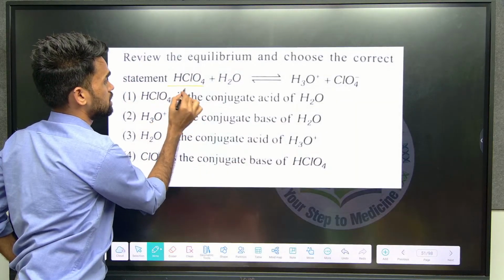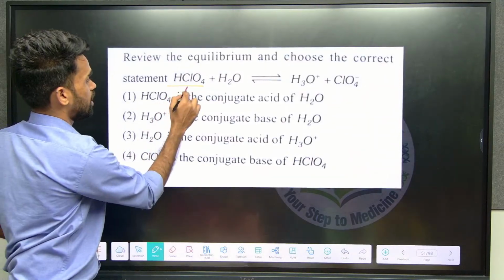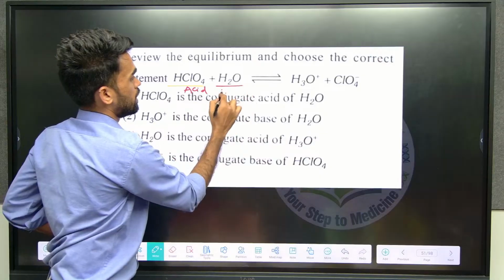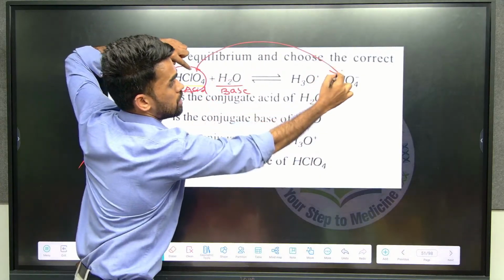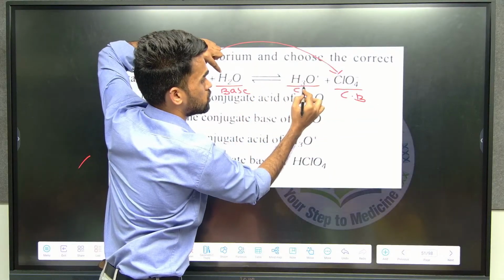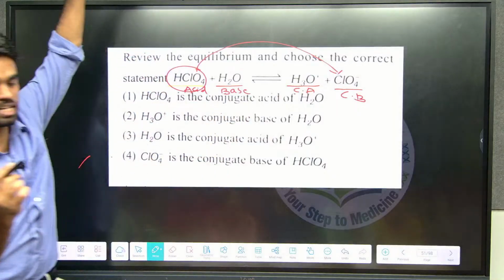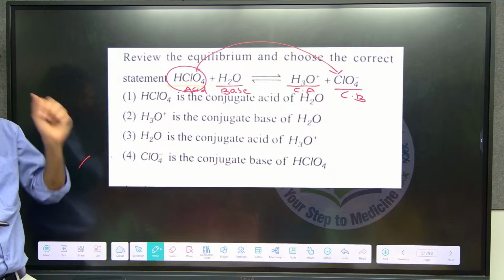So this is acid. Acid after releasing a proton, the respective anion is called the conjugate base. This base after accepting a proton is called the conjugate acid. Now go with the statements. Only the fourth statement will be correct.